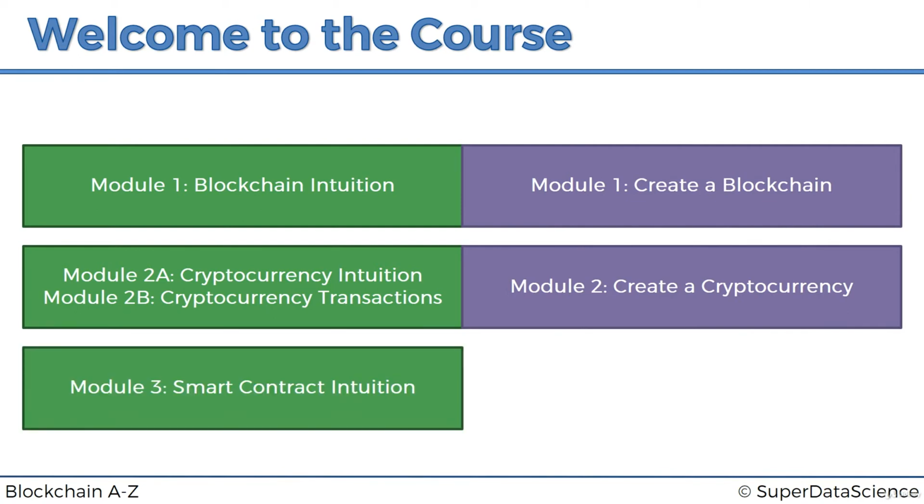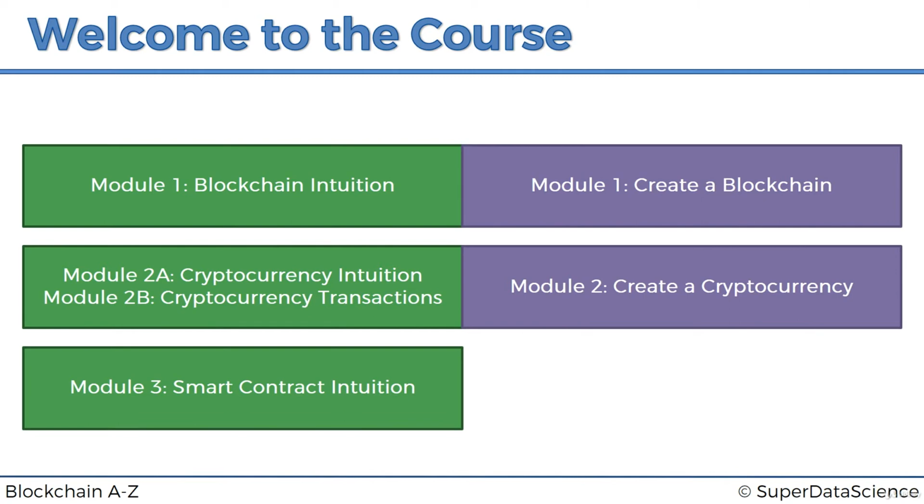In Module 3, in the intuition of smart contracts, we'll talk about what these smart contracts are, why they mean the next future for the internet, and how this is all related to blockchain, how it all comes together on blockchain. And once again, we will build on the foundational knowledge that we would have covered by then in Module 1 and Module 2.